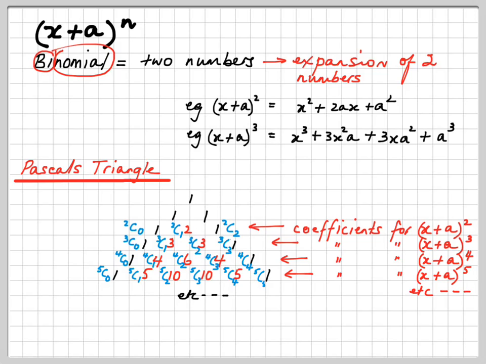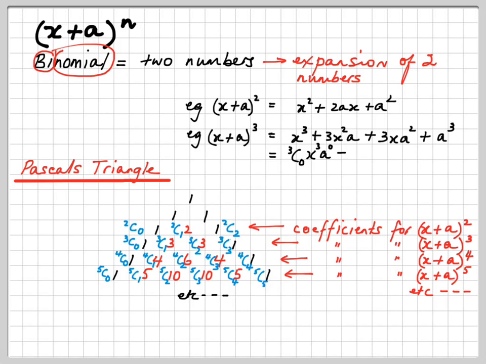Now, have a look at above where I had that example of x plus a all cubed before we got onto Pascal's triangle. I'm going to rewrite that expression in a most intriguing way. Have a look. Okay, now that first term could be written as 3c naught, because that's a 1, times x to the 3 times a to the naught, because a to the naught is 1, okay, which just all boils down to x cubed.